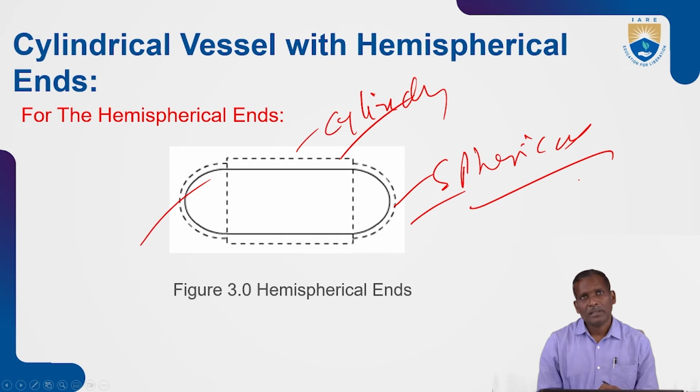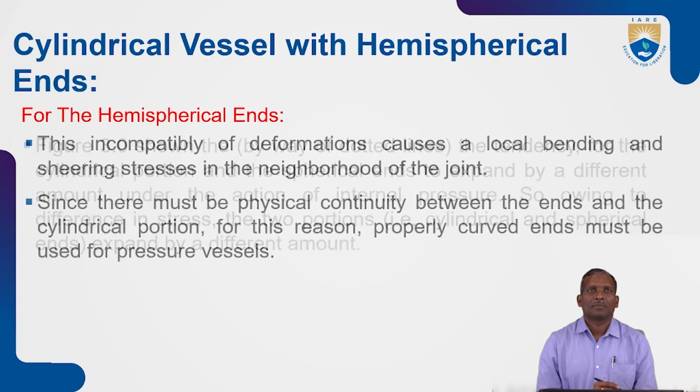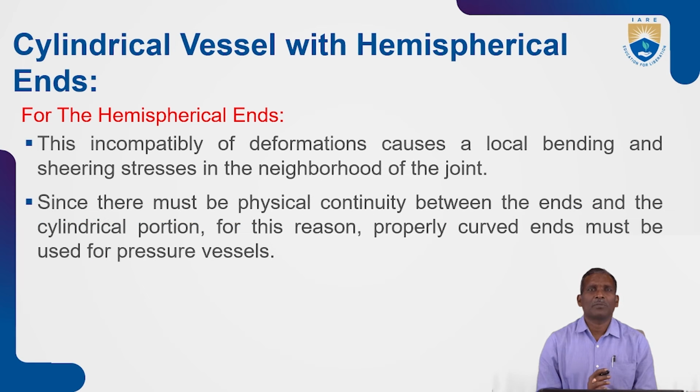This incompatibility of deformations causes local bending and shearing stresses in the neighborhood of the joint.